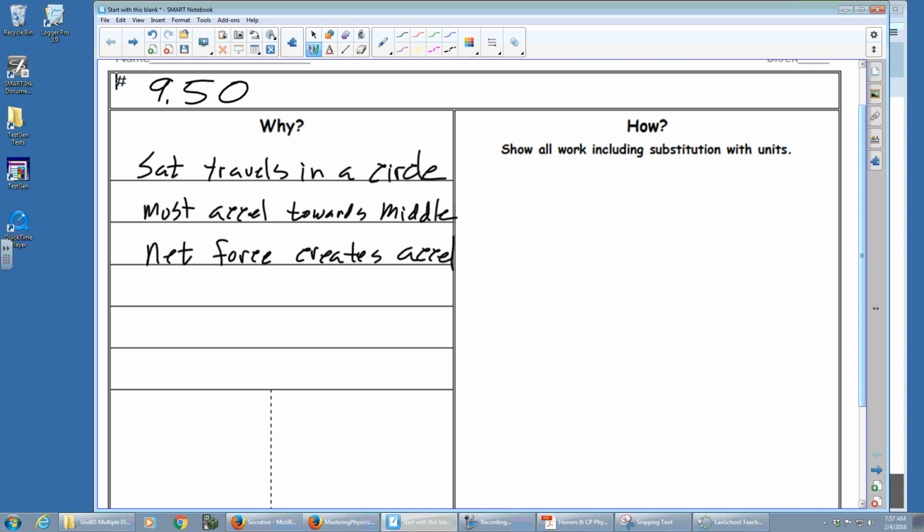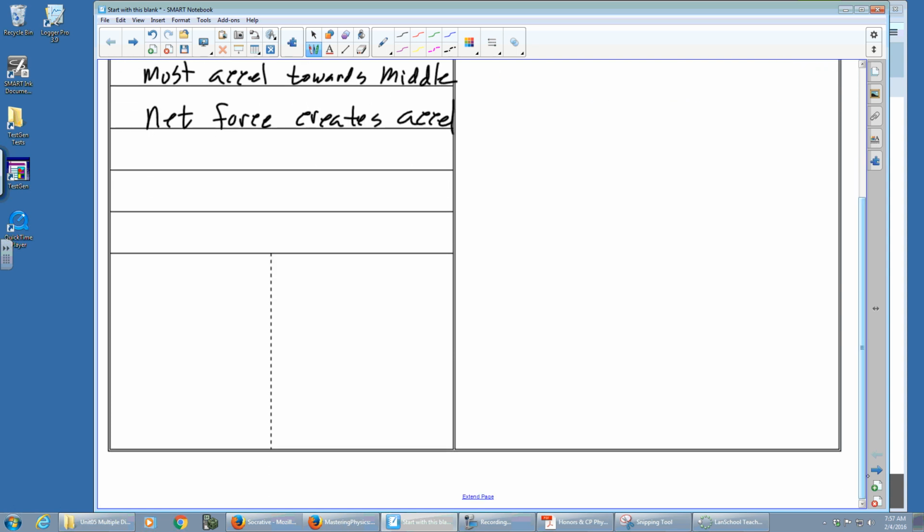So if I draw a little picture, here's the Earth. There's the path of my happy little satellite. And we said it must have a force on it in this direction.